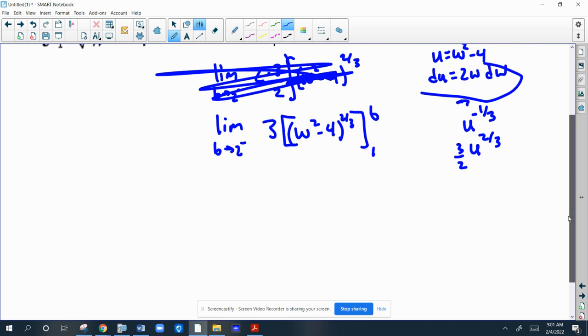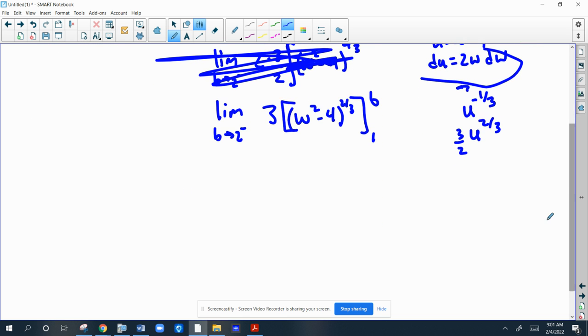So now it just becomes a limit question. The 3 is a constant, so I like to remove it so I don't have to worry about it. And we apply the fundamental theorem of calculus here. Plug in b.